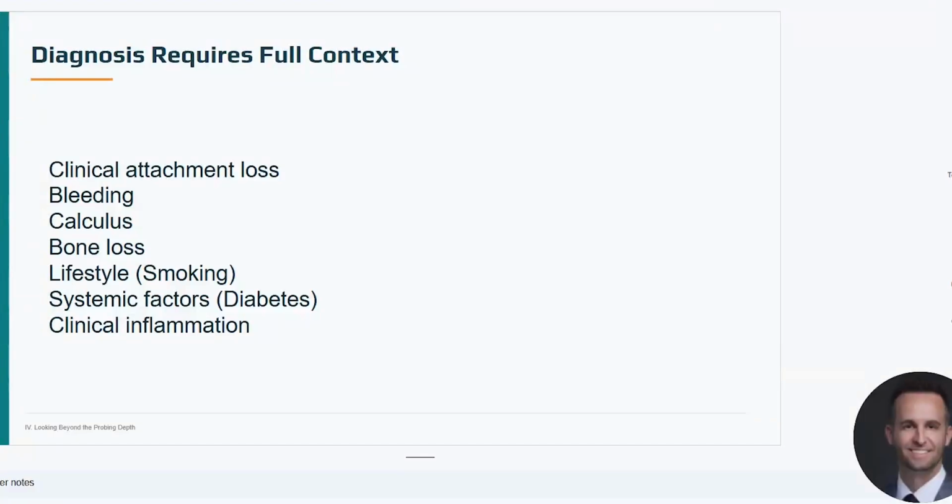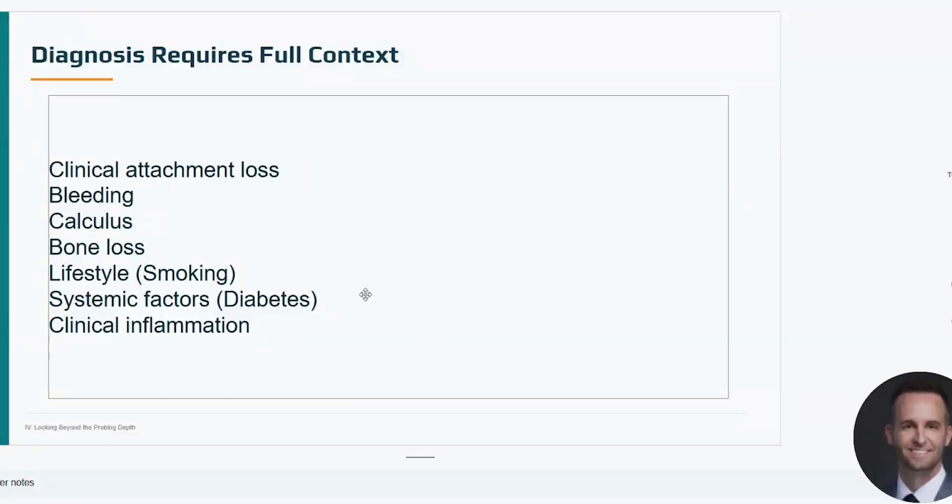Systemic factors, diabetes, same thing with smoking. If you have diabetes, there's a good chance you're going to have some level of periodontitis going on. And so when you're seeing other factors that are indicating periodontitis and you see they have diabetes, our alarms need to be going off in our head, telling us this is likely an SRP case.